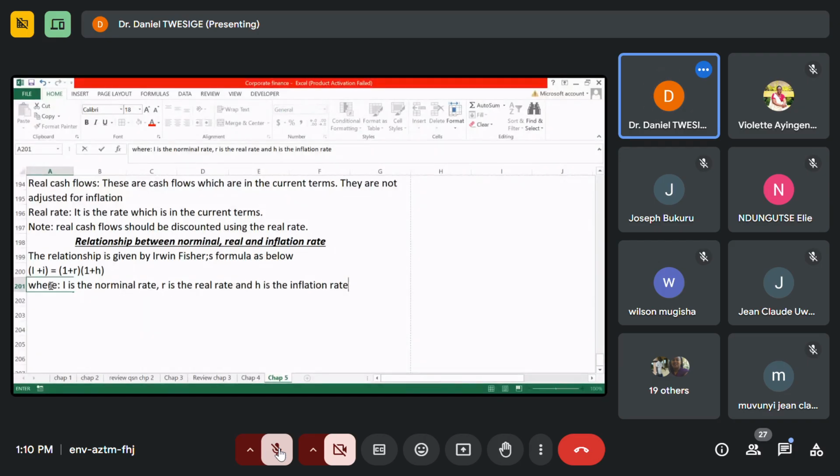So you can from here determine any of what you want.